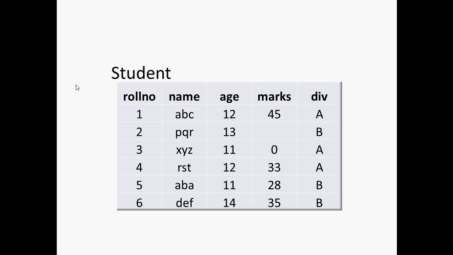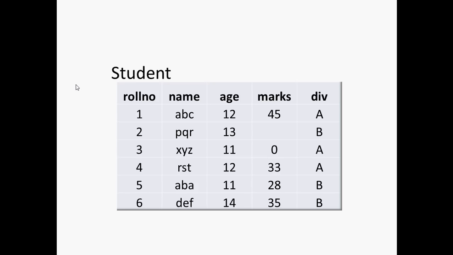So if we take an example, we have a table named student which has these 5 columns, that is roll number, name, age, marks and division. These columns we also call attributes, and it has 6 records or 6 rows that represent the actual data that we have in a table.